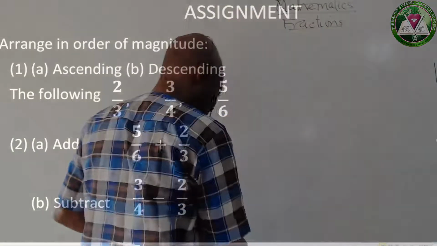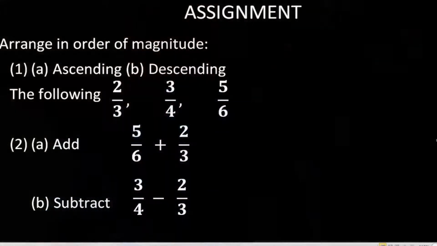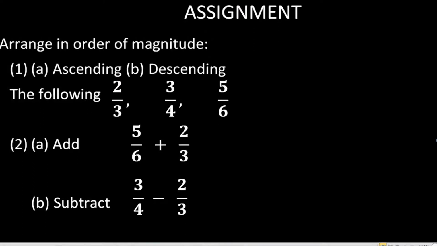Now for the assignment, arrange in order of magnitude A, ascending. B, descending. The following.